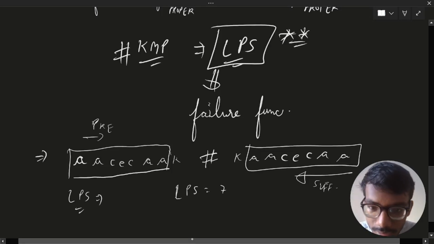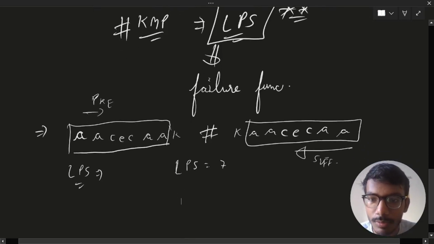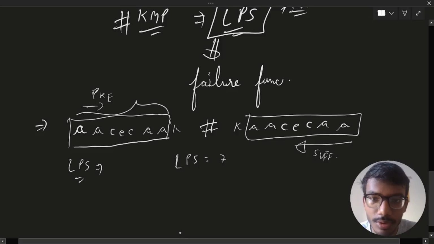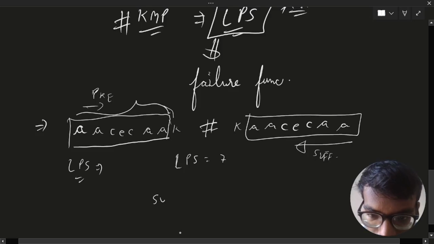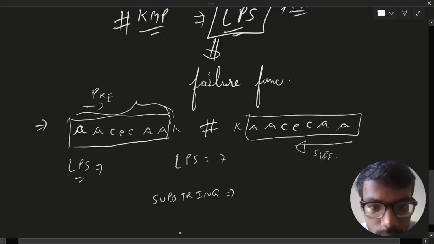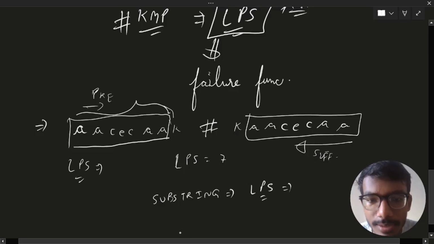Now, let us say this was my original string, up to k. If I find the substring starting from LPS, what is that substring? It is k, k.